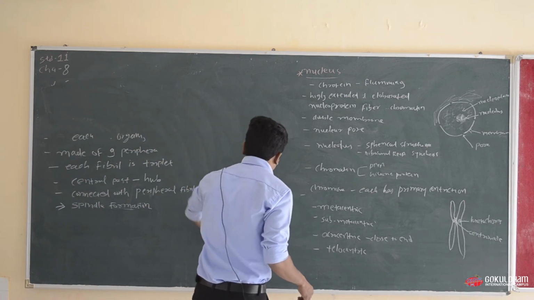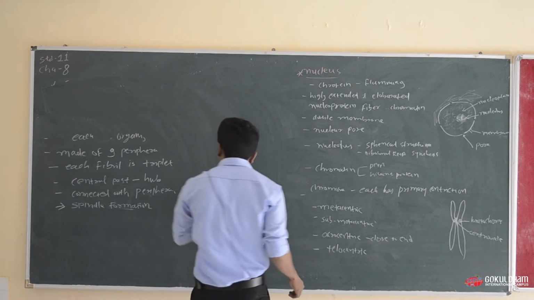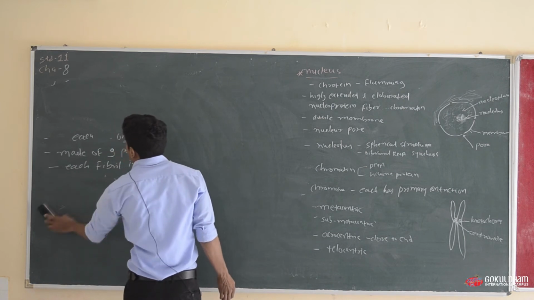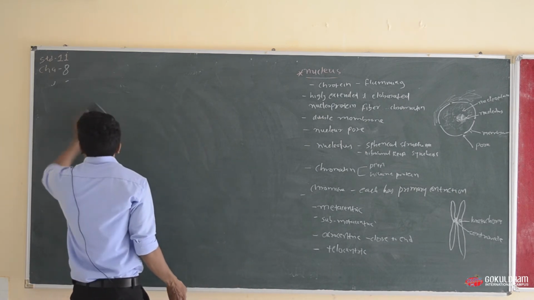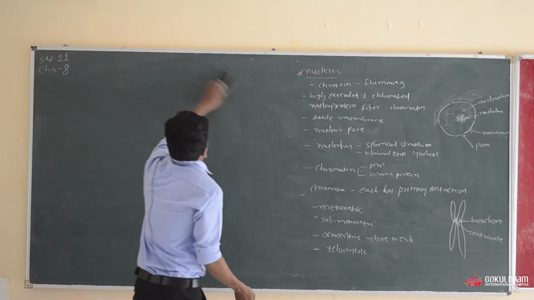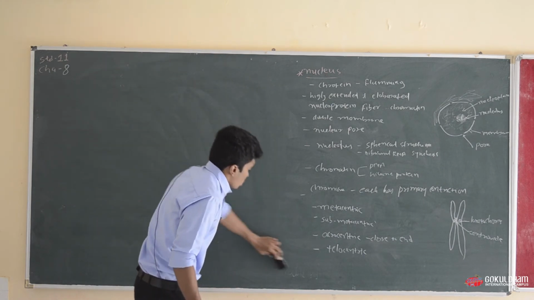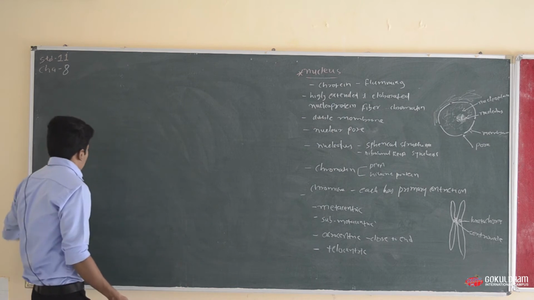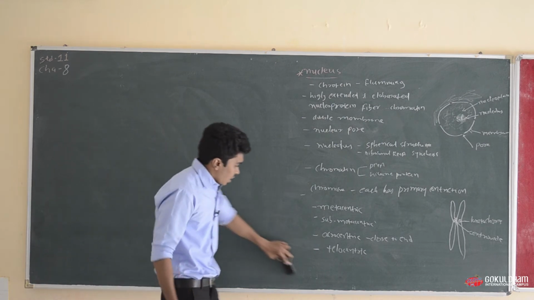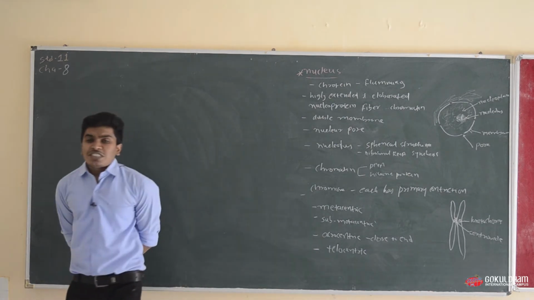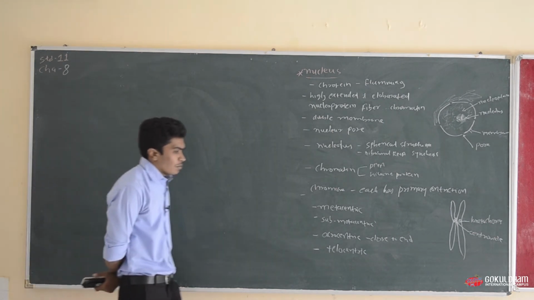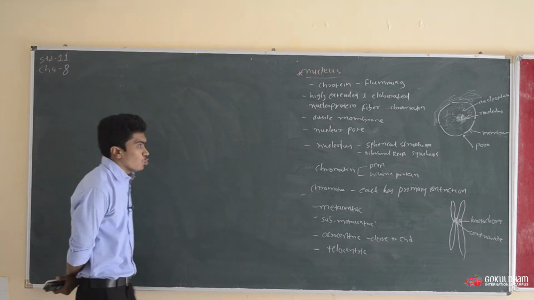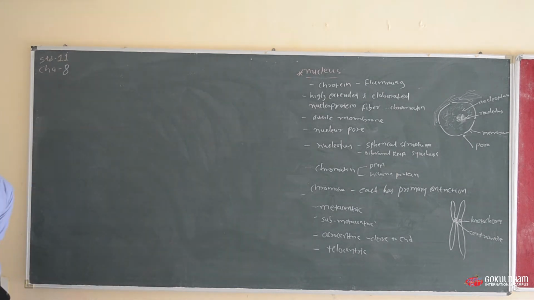We all know that one of the most important organelles of the cell is the nucleus, but there are some cells which don't have a nucleus. For example, our RBC, red blood cell, doesn't have a nucleus. In plants also, there are some cells like sieve tubes and vessels that don't have a nucleus.